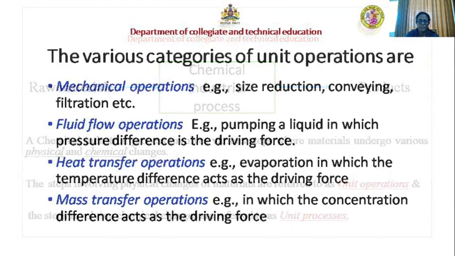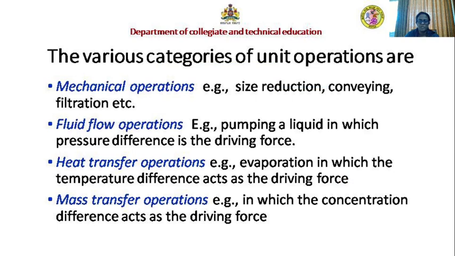Let us now see the different types of unit operations. These are the four major categories: mechanical operations, fluid flow operations, heat transfer operations and mass transfer operations. In mechanical operations, a mechanical change is given to the material.